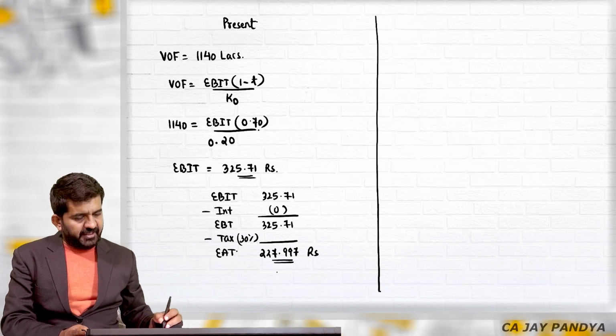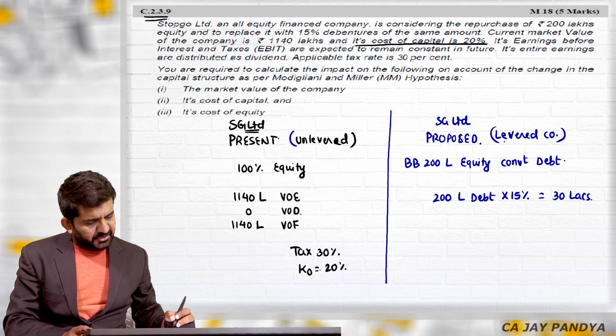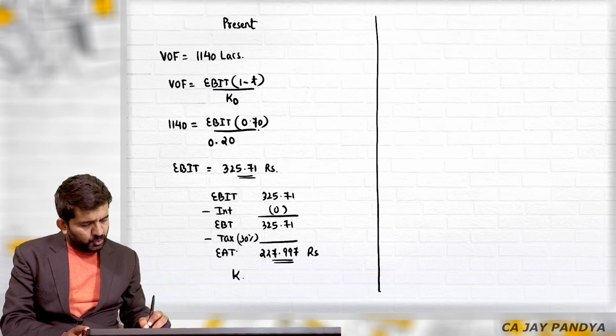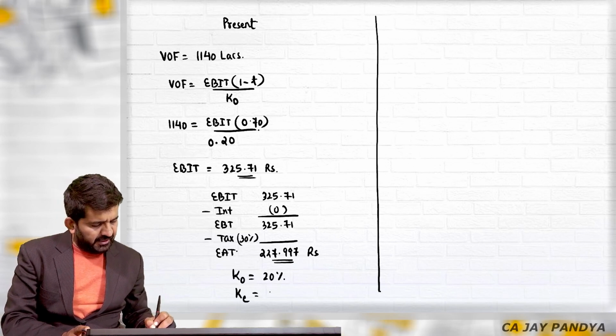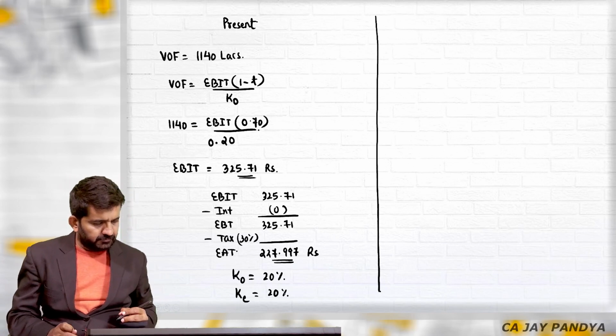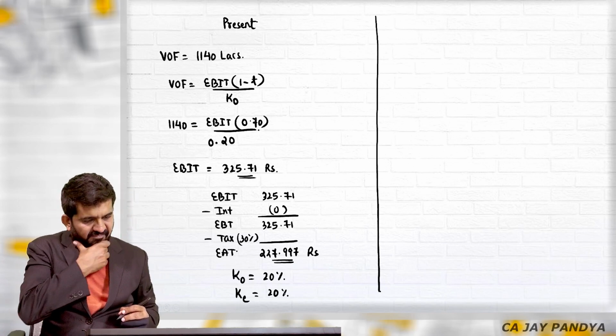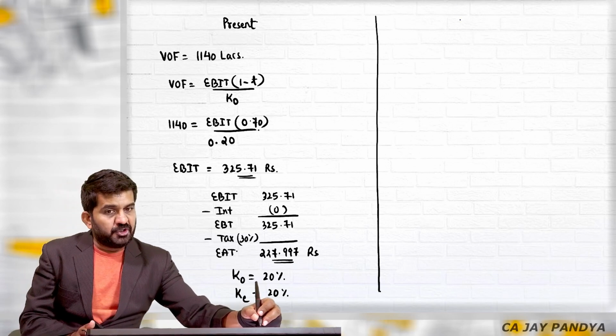This is earning after tax. Are we knowing KE? Yes, it is 100% equity. So KO is 20% and even KE is 20%. Let us go to the proposed situation.